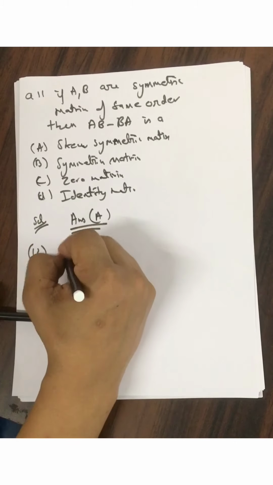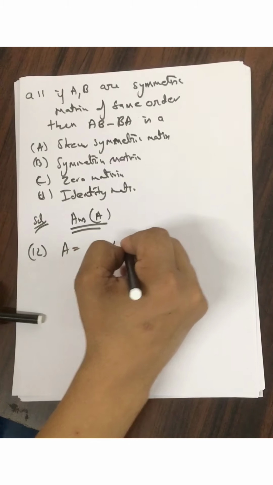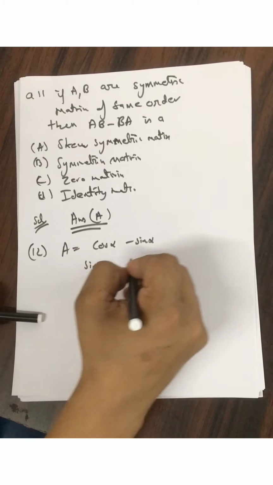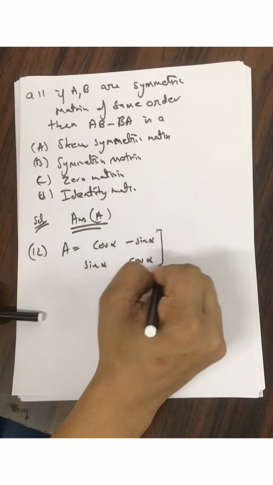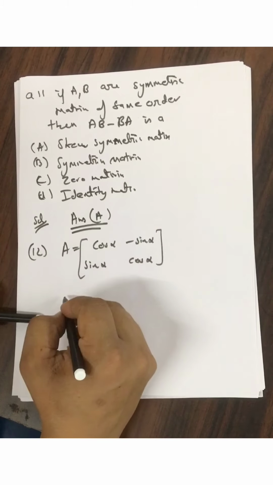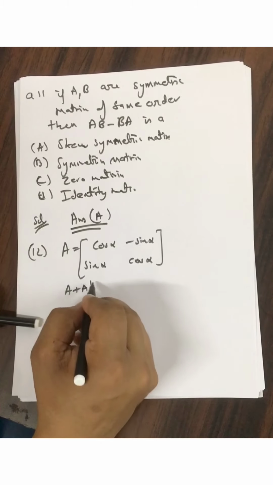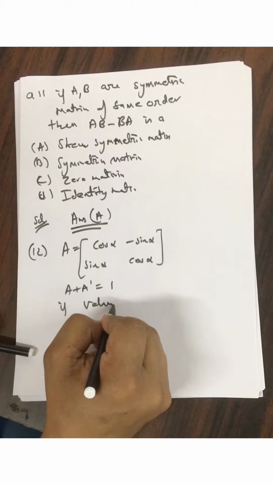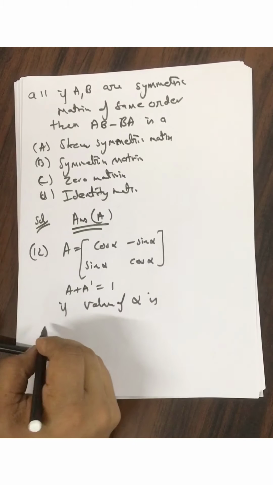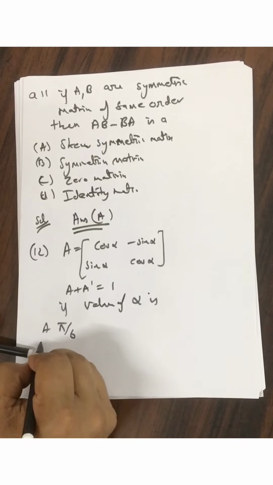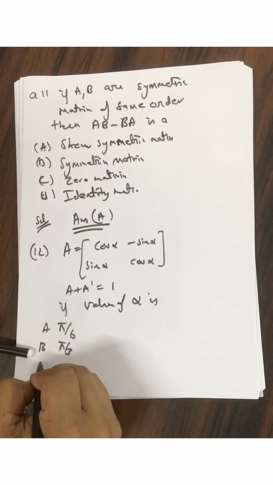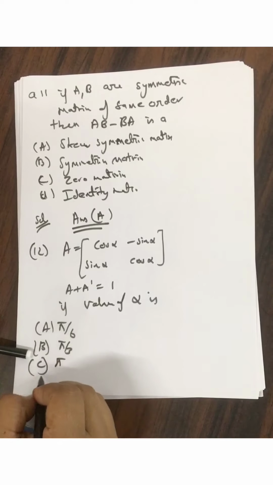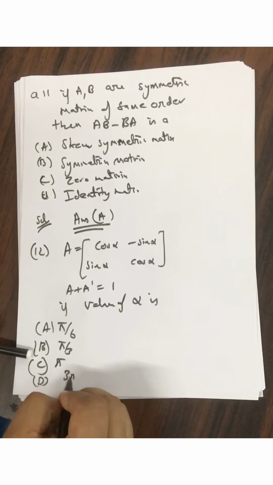Another question is there. A is given as cos alpha, minus sin alpha, and sin alpha, cos alpha, and A plus A dash equals I. The value of alpha is: A, pi by 6; B, pi by 3; C, pi; D, 3 pi by 2.